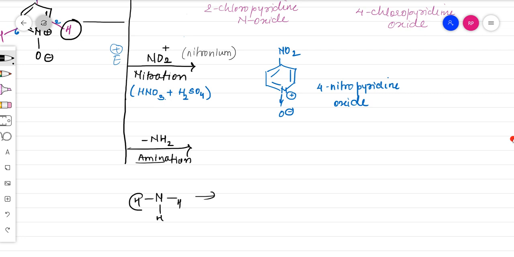If I remove this hydrogen, I'm going to get NH2. Now H is positive and N is negative, so I am removing this, and the negative charge will stay on nitrogen. So this is what a nucleophile is. So this is an example of what? Nucleophilic substitution reaction. Yes or no? Come on, quickly write down the product.